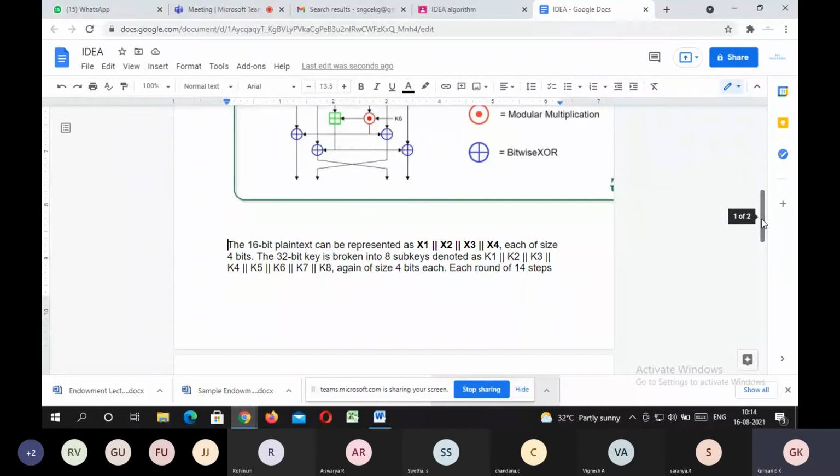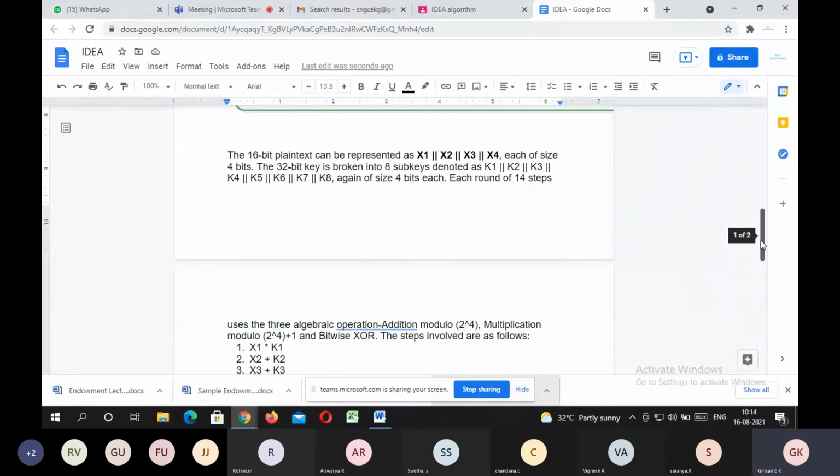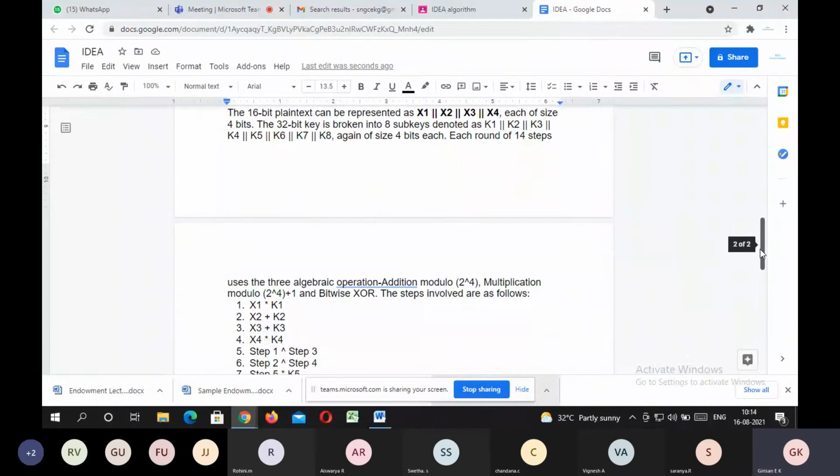The 32-bit key is also broken into K1, K2, K3 up to K8, again all 4 bits. Can you all understand? These two inputs, the plain text blocks and the key blocks, both of 4-bit size, will undergo the 14 important steps of the IDEA algorithm.